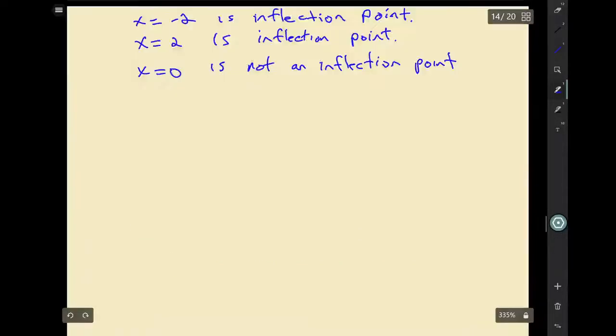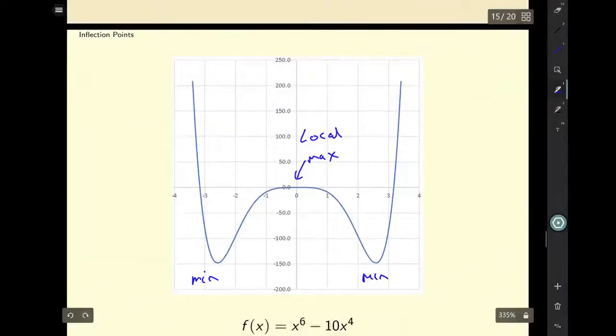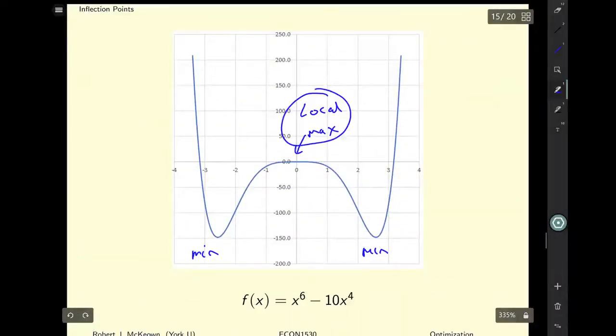Let's take a look at the graph. Remember, it was a local max. So a point can't be both a local max and an inflection point. A point can't be both a local minimum and an inflection point. We can draw on this graph right about there. Right about there.